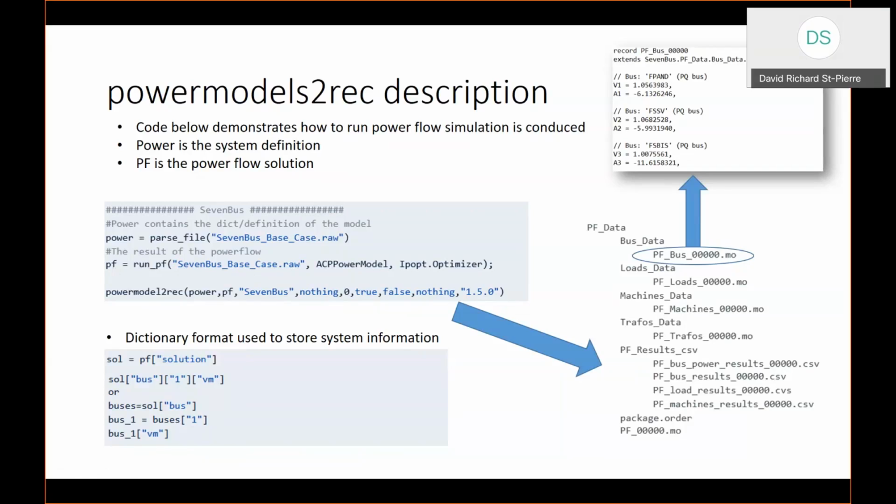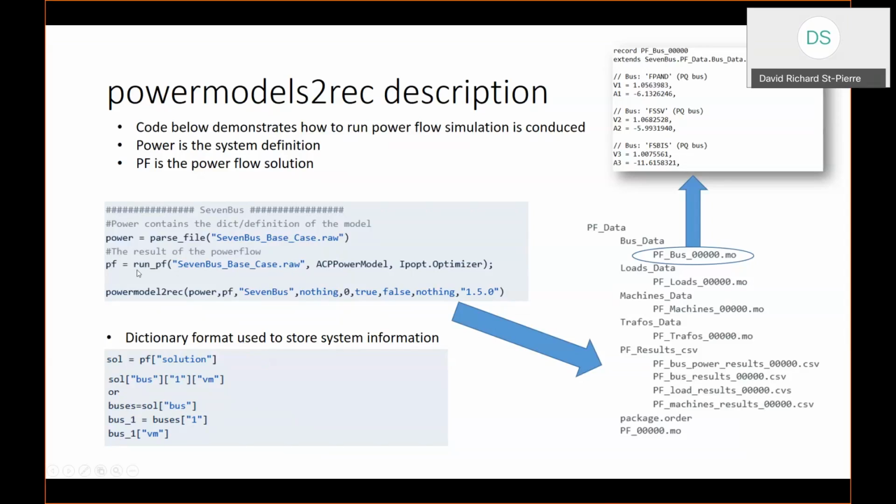The way these dictionary formats work, as this was such a critical part of my project, I wanted to discuss a little bit more: if you have the dictionary with the solution, to extract the solution you use a command like this. Then if you want to find, say, the magnitude of the voltage on the first bus, you could use a command such as this line or the following 3 lines below it.